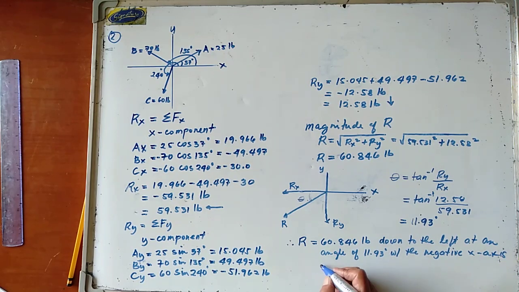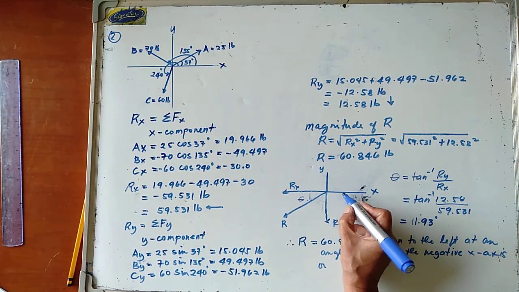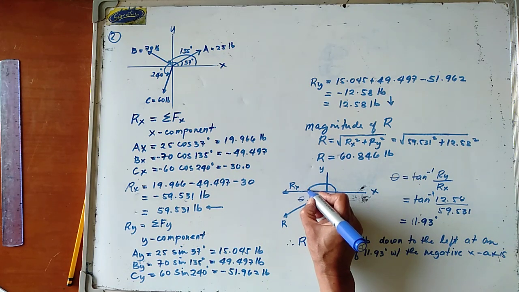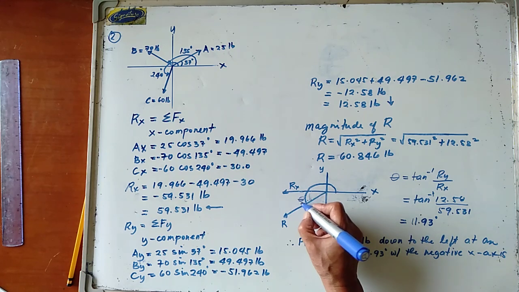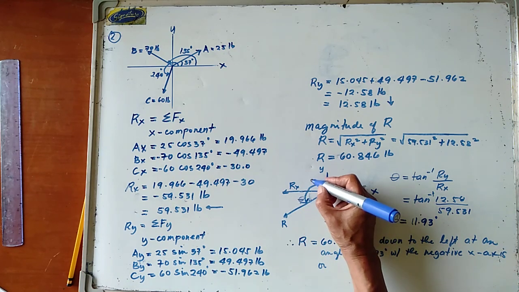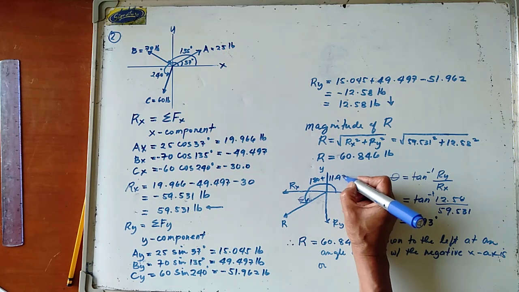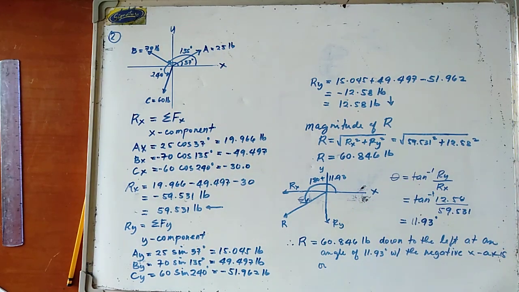Take note that this is the positive x-axis, so this angle in here is 180 plus your theta, which is 180 plus 11.93, or equal to 191.93 degrees with the positive x-axis.